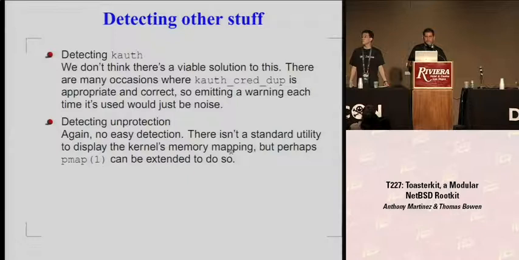So it would be very difficult to detect what we're doing with that because it just looks normal. And detecting memory unprotection is difficult as well, at least on NetBSD currently, because there are no utilities to really do that, because there are no public rootkits for NetBSD that we've been able to find. So there's just no need for the tools currently.